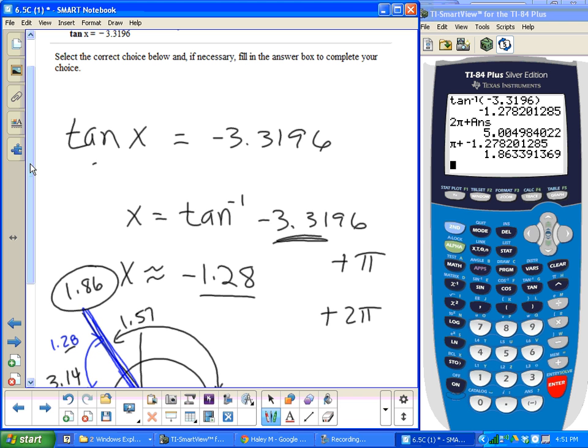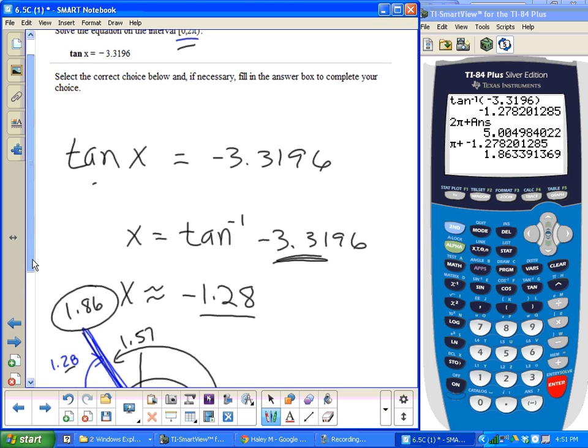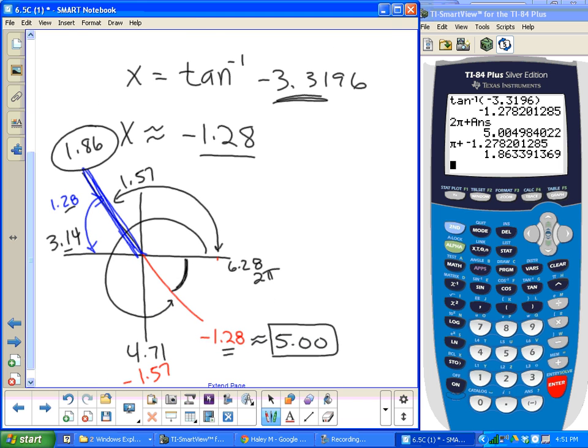The other case is if it's actually a positive number, you would possibly have to subtract pi to get the second answer. I know that was kind of long and drawn out. You may not have followed everything there, but you're going to have the same sort of question. It's going to give you a tangent angle down there in the fourth quadrant.